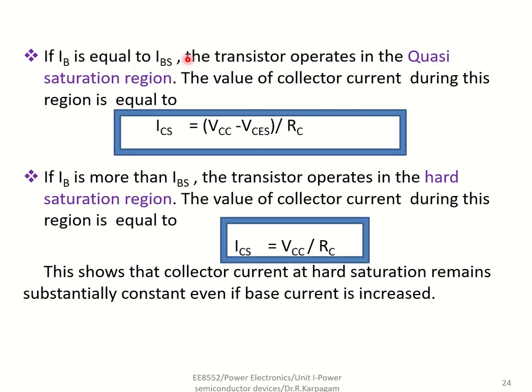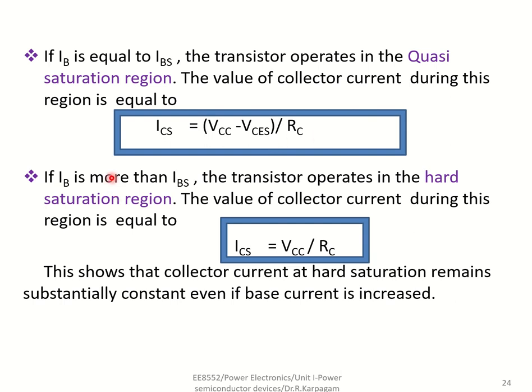When base current is equal to base saturation current, the transistor operates in quasi-saturation region. The value of collector current is equal to the difference between the supply voltage and the collector emitter voltage divided by the collector resistance.